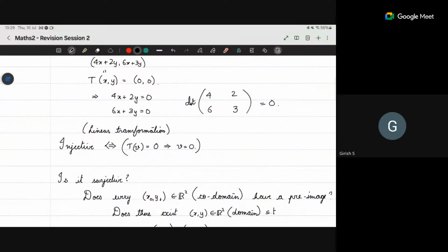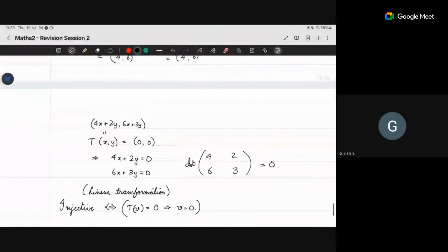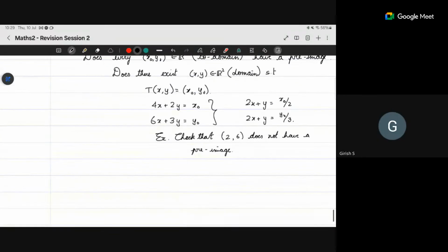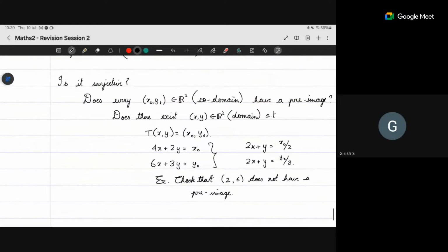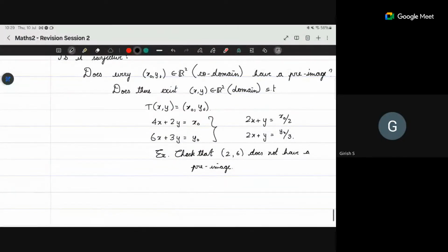This is just for people who understand what kernel and image are. And if the kernel has dimension 1, then the image can have dimension at most 1. So it cannot be surjective. That's why I paused when this question came up. I did not know whether or not to use this. But that is also one way. Even just by first principles, you can set up a system of equations, analyze the solution space, and conclude that this is not surjective.